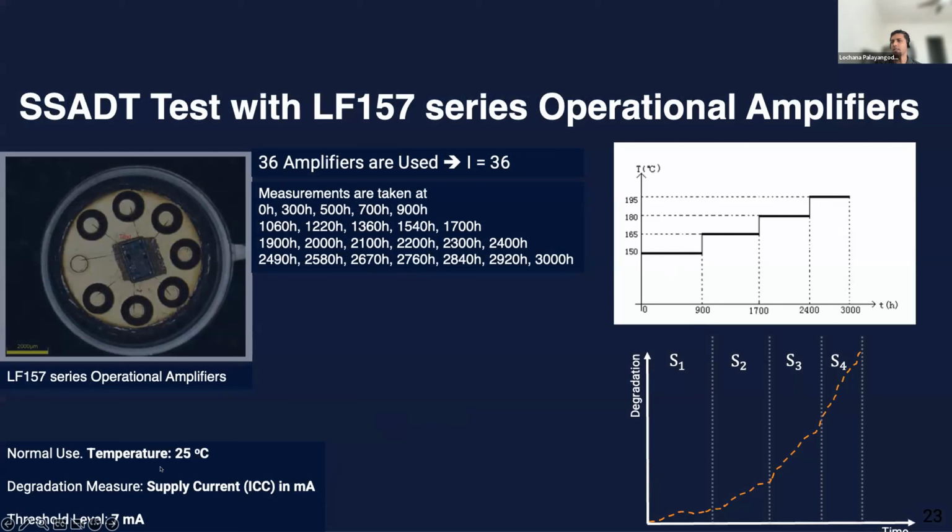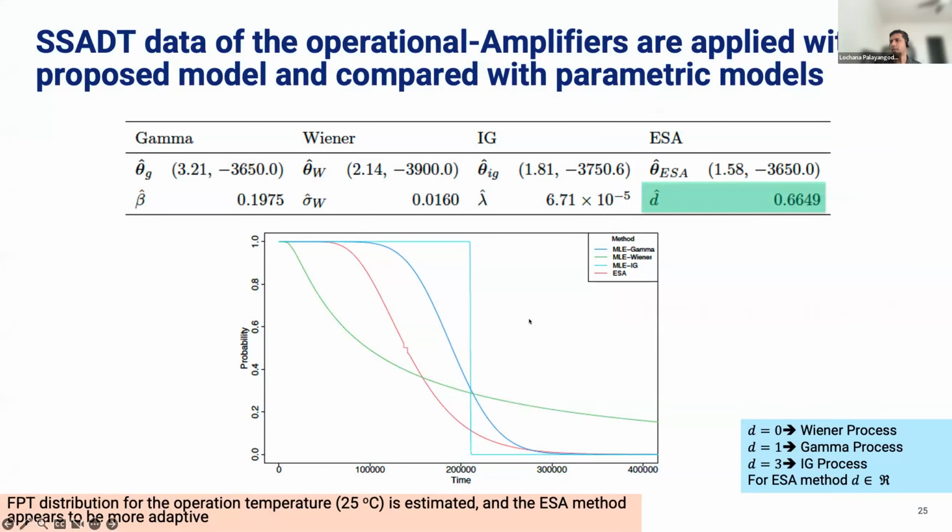But we have to find the failure time for 25 degrees, which was not tested. That's why we are using these models. We test at high stress levels to accelerate the degradation and then transform it back to the ambient temperature. And we found that our models are a little bit more robust.